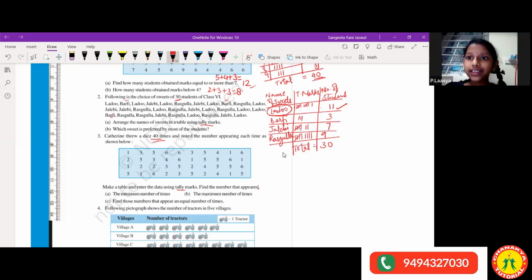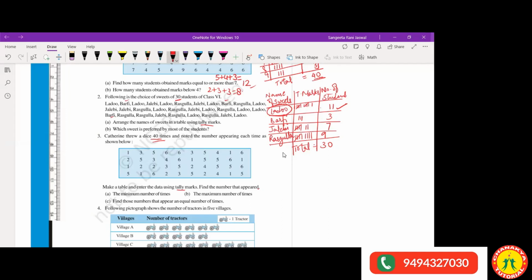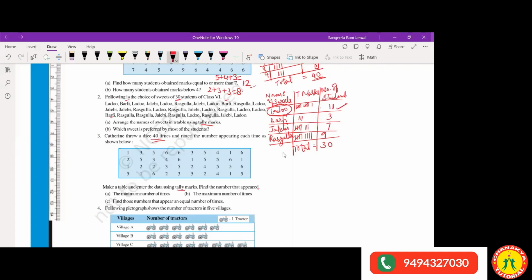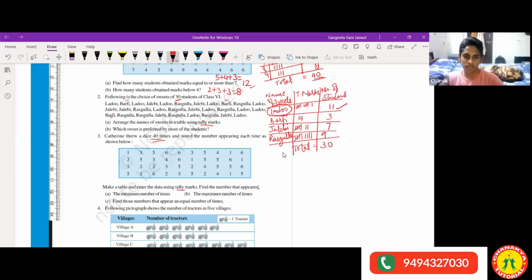Ma'am, I can't understand the question. See, there is a child whose name is Catherine. She threw a dice. You know what is a dice? We play Ludo with it. So she threw a dice 40 times.